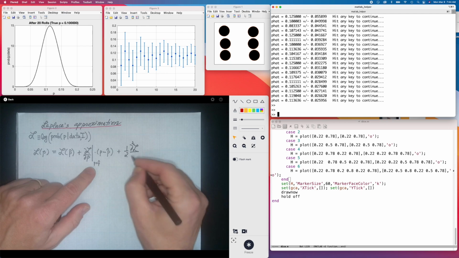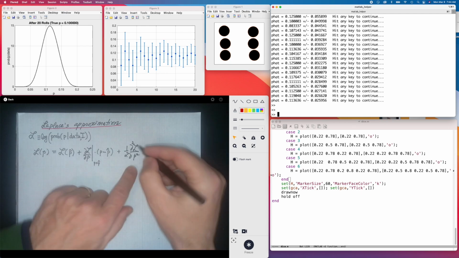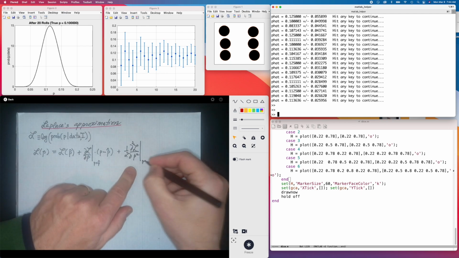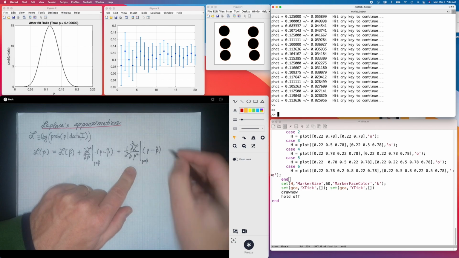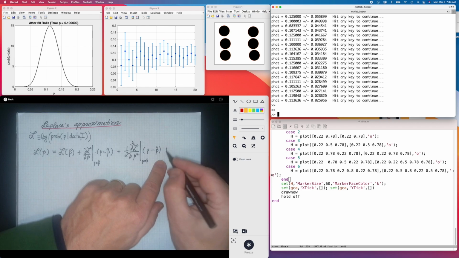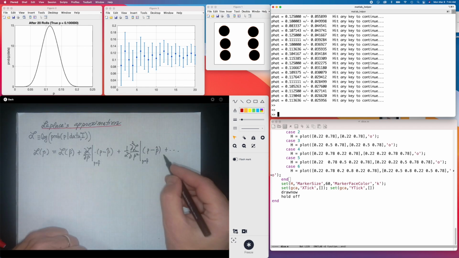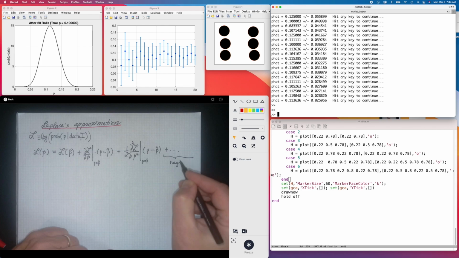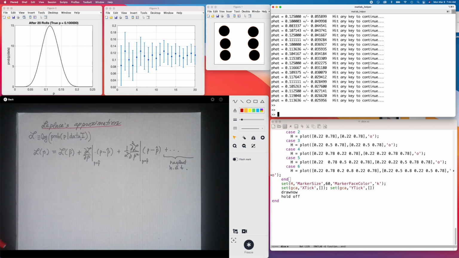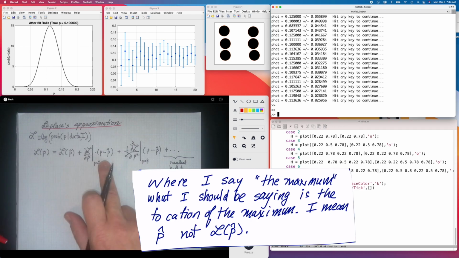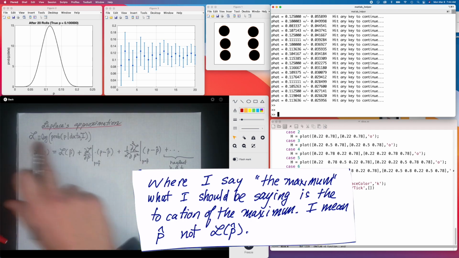So now the second derivative, d²L/dp², evaluated at p equals p hat, times p minus p hat. And then there should be higher order terms, and we're going to truncate, so neglect higher order terms. And now if I chose my p hat to do the expansion to be the maximum of this function, then dL/dp is going to be 0, right?